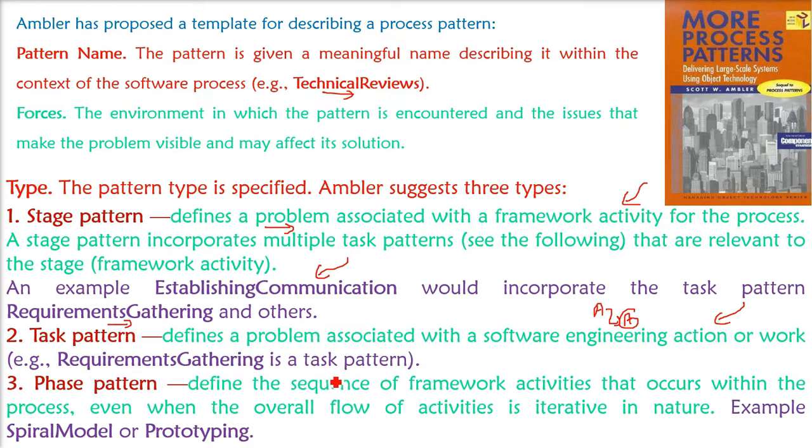We just talked about the stage pattern, and requirement gathering is actually a task pattern. How about the phase pattern? Here we are defining the sequence of framework activity. In a process, how the sequence will work for the framework activity, even when the overall activity will be of iterative nature.